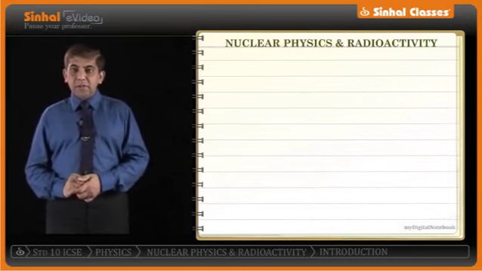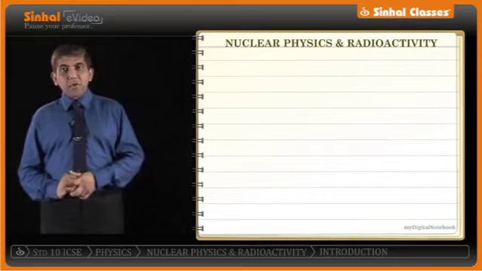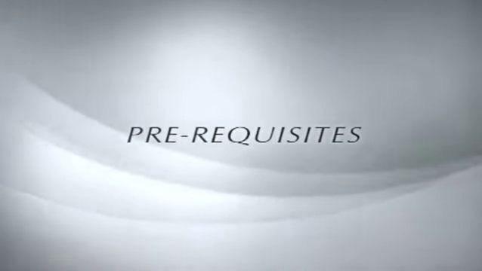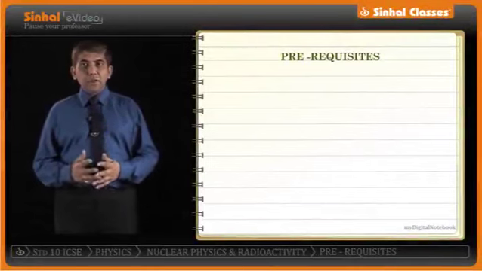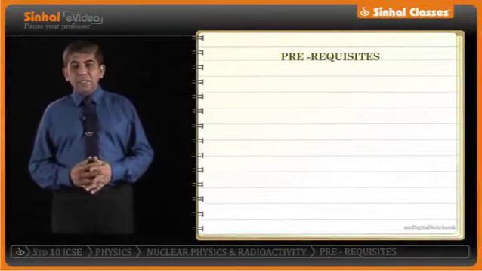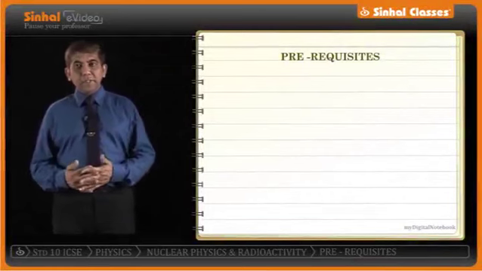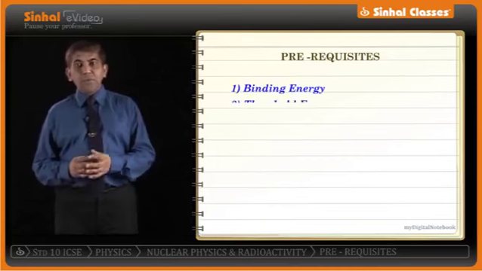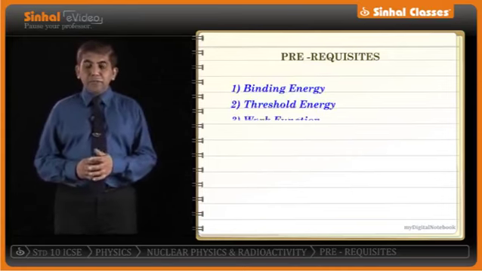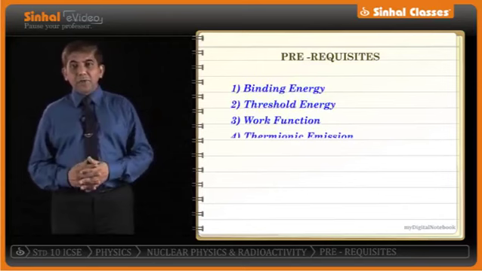Talking about thermionic emission, we have certain terms which we learn in this chapter. Though there are no prerequisites for this chapter, because this is entirely new solid-state physics, we still have to remember that this has something to do with binding energy, threshold energy, work function, and thermionic emission.